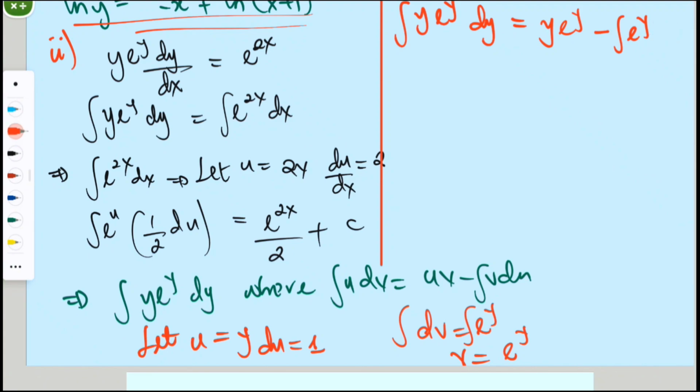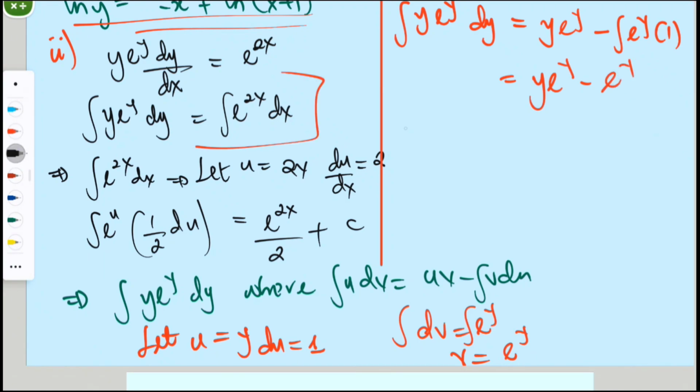Du was 1, so that's 1. Okay, this should be y e to the power y minus the integral of e to the power y, which is still the same as e to the power y.